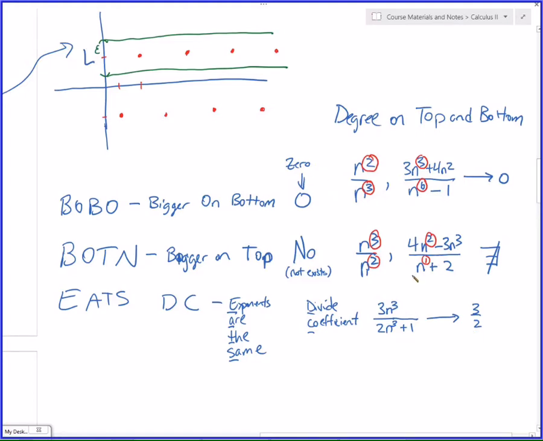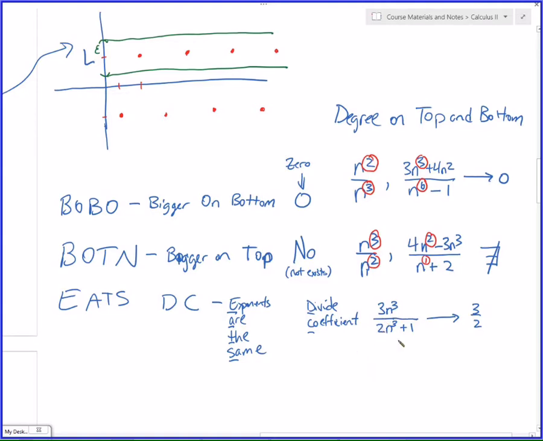The reason is because for large n, the top behaves just like 3n cubed. And the bottom, when you get really big n, that plus 1 does nothing. And when I say big n, I'm talking 10 to the 400th power. Okay? Really big numbers, a 1 makes no difference. So when they're really big, this is essentially 3n cubed over 2n cubed. The n cubes cancel, you get 3 halves.